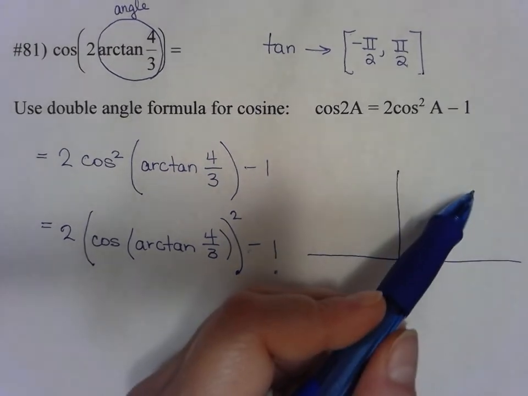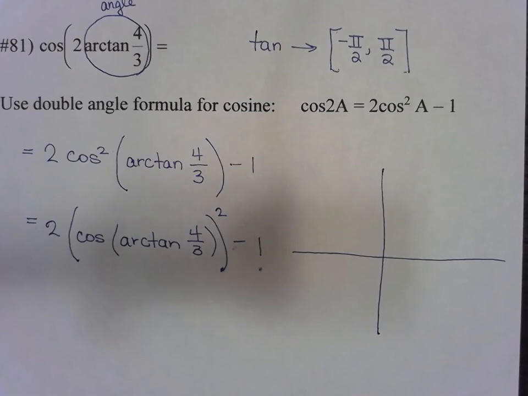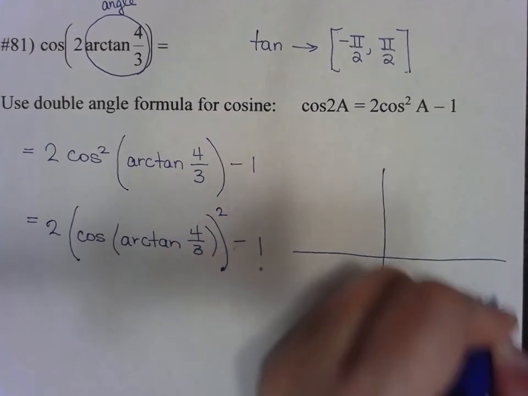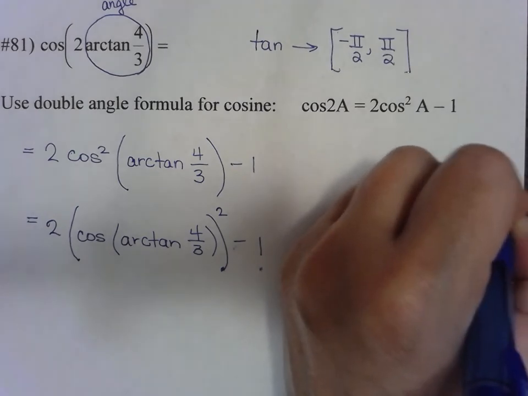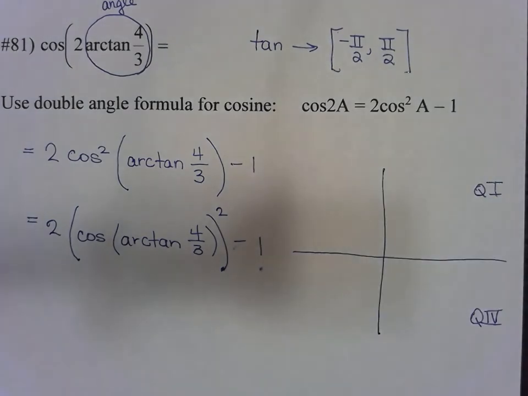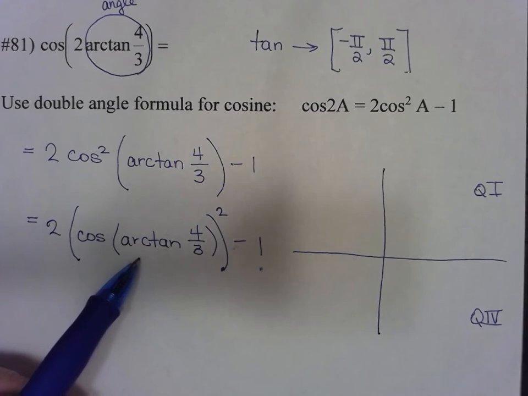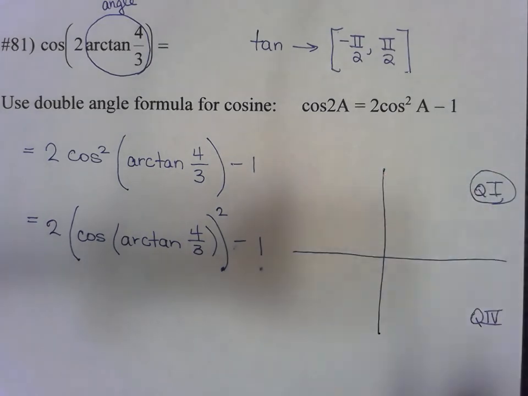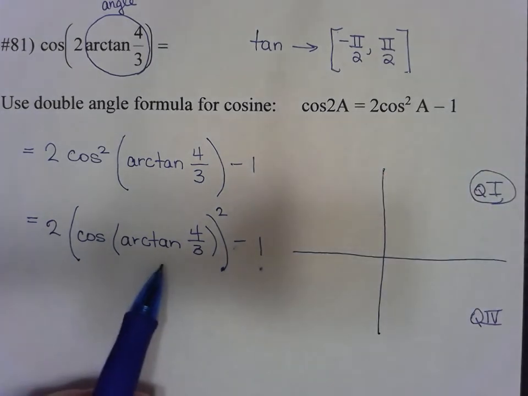So that's quadrant 4 and quadrant 1. So then we want to ask ourselves, where is the value of the tangent positive? I think we can agree that's going to be in quadrant 1, where both sine and cosine are positive.